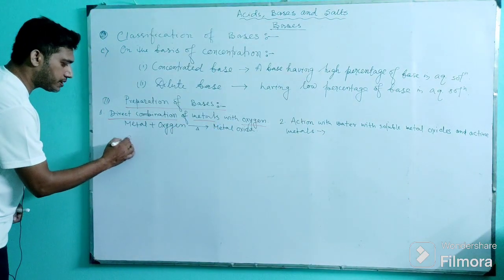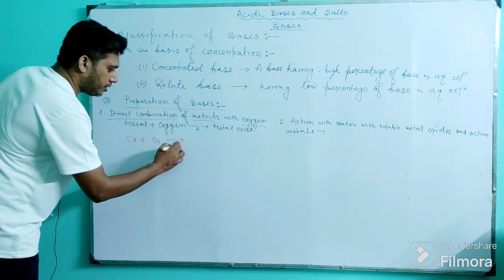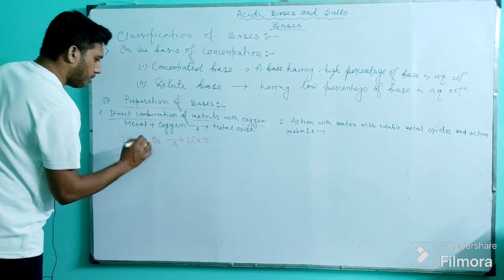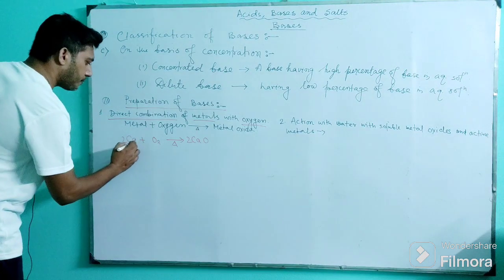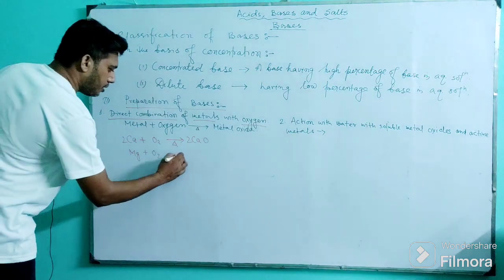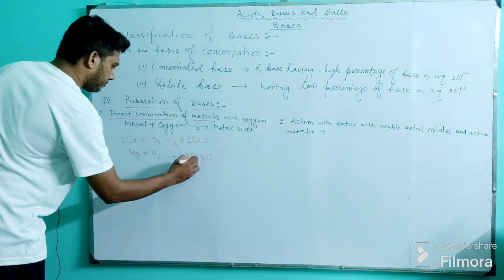Take one example, calcium plus oxygen. On heating it will form calcium oxide. Another example, magnesium: Mg plus O2 also forms magnesium oxide, MgO.